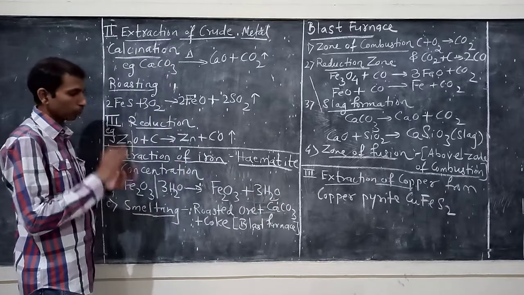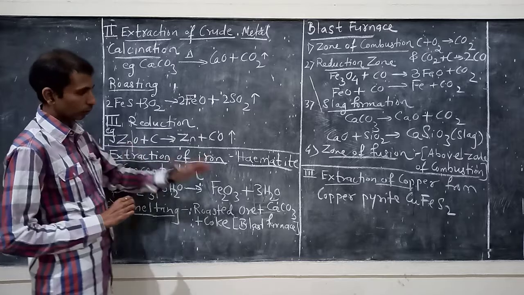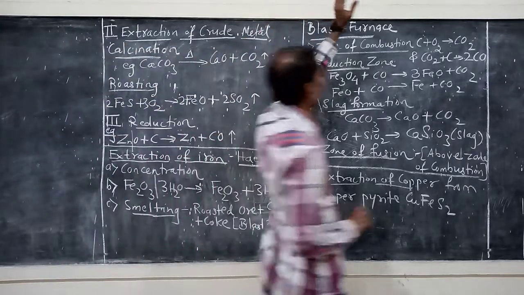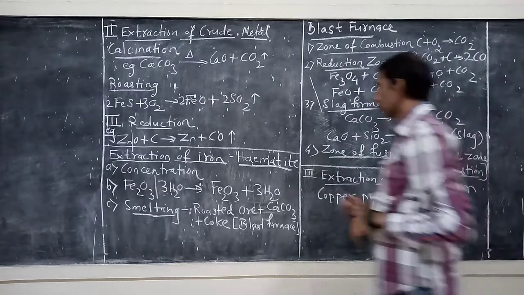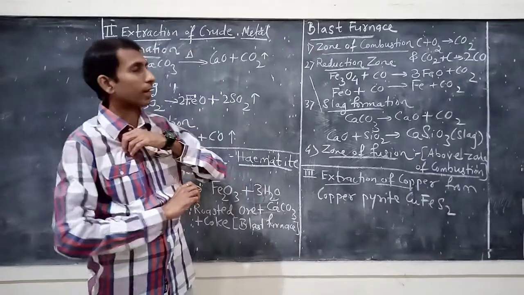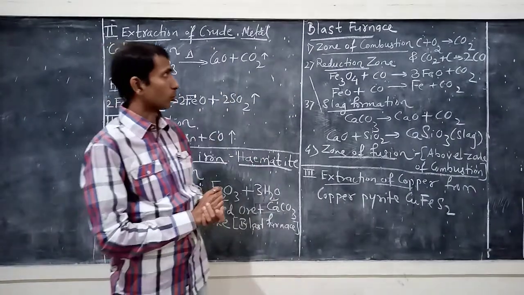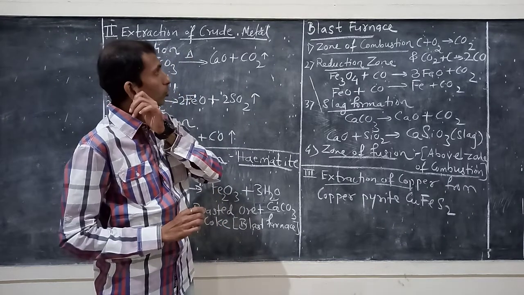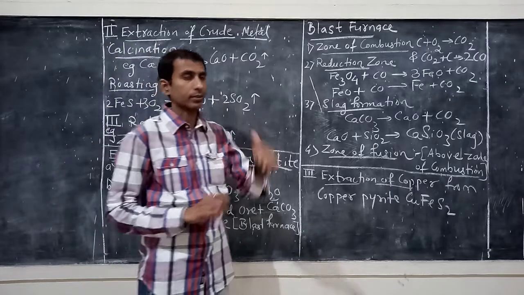In a proper proportion we mix and prepare this mixture of roasted ore, limestone and carbon. Now, what are the different reactions which are taking place in the blast furnace? The blast furnace has a height of 20 to 22 meters. Here we have different zones or different chambers.